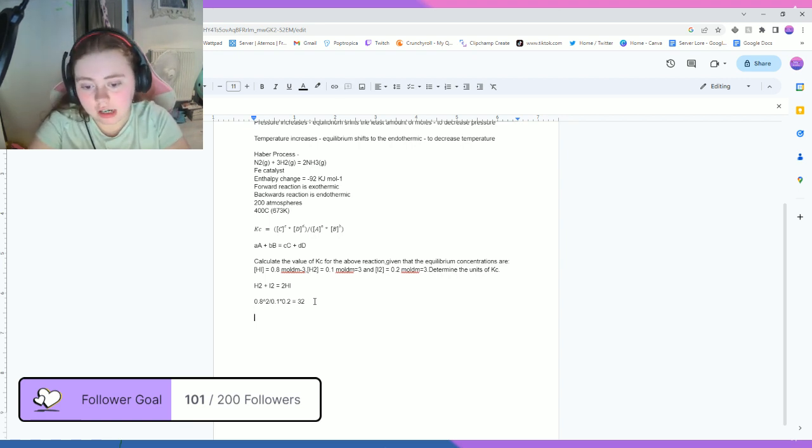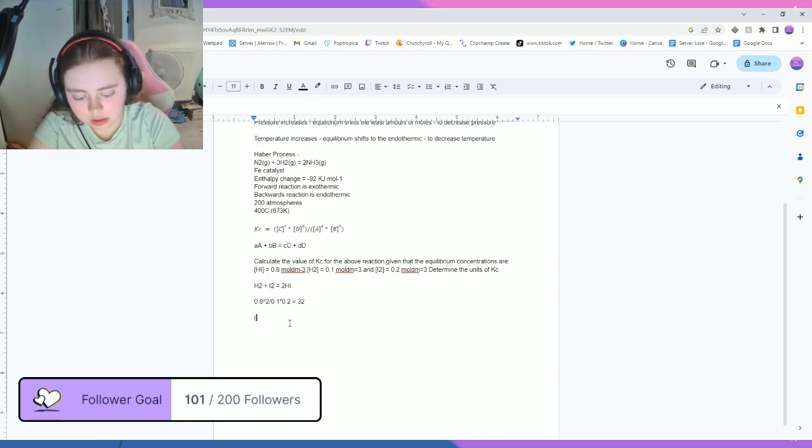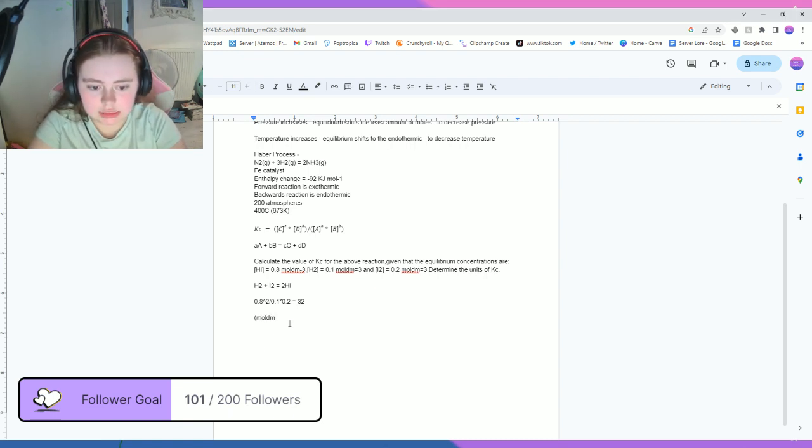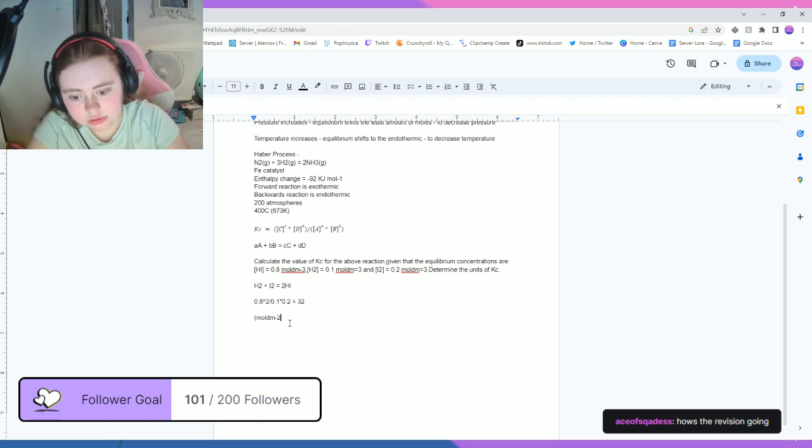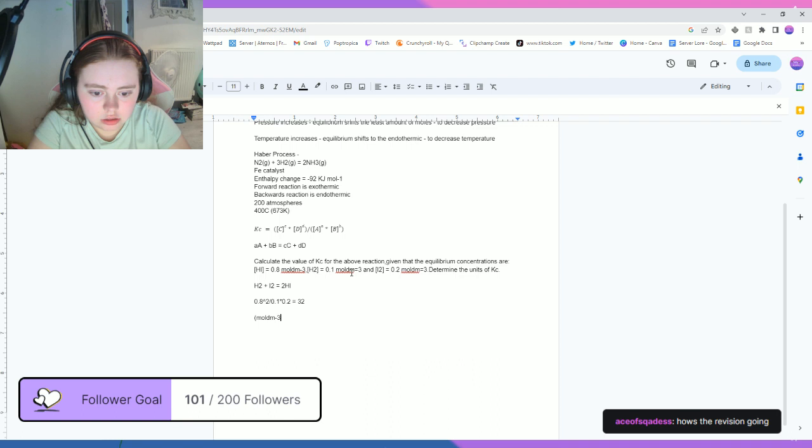And to work out the units of this equation, it would be mole per decimeter. So you'll just take the mole per decimeter to the -3, and I used the wrong thing here without even realising, I used equals instead of minus.